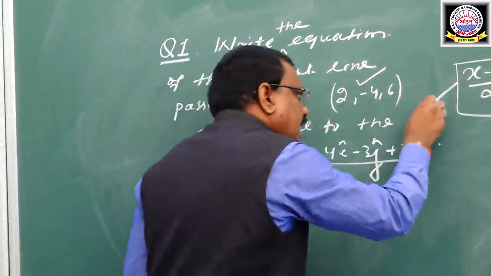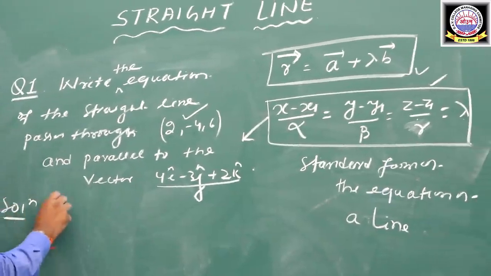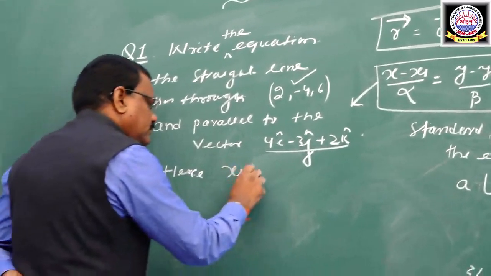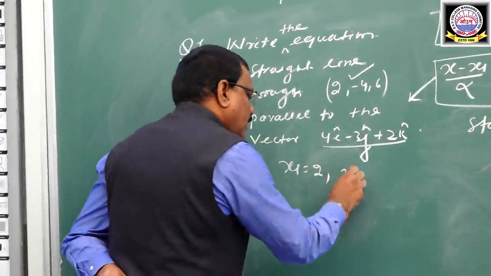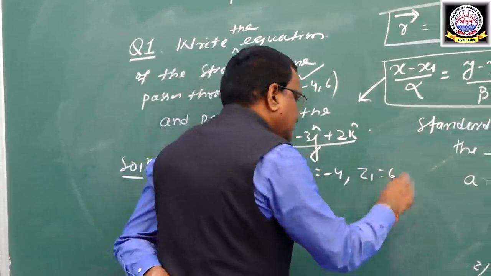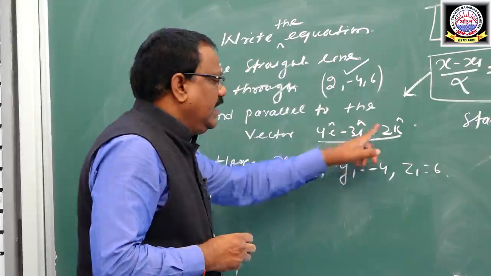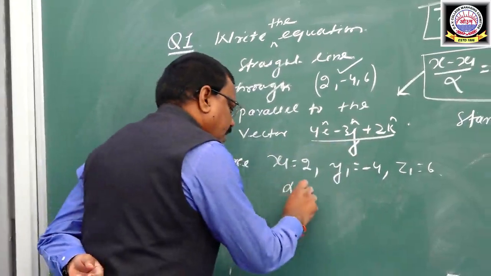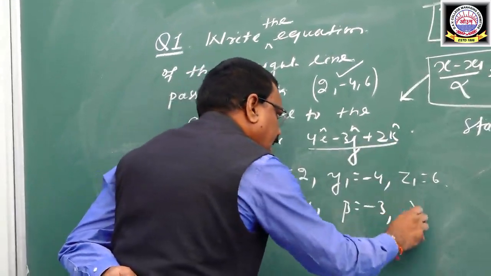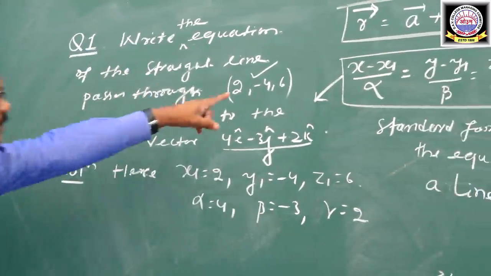So I am writing first the Cartesian form. The B vector gives alpha, beta, gamma: alpha is 4, beta is minus 3, gamma is 2.